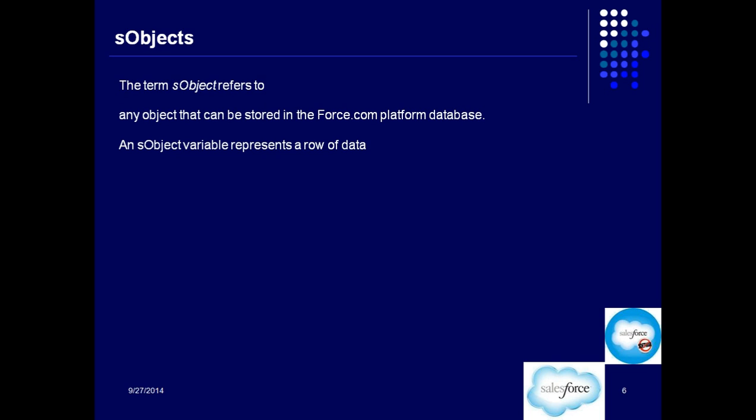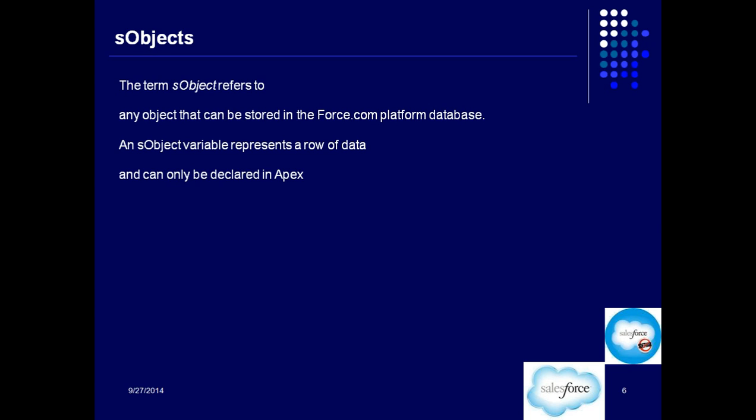An S-object variable represents a row of data and can only be declared in Apex. So an S-object variable basically represents a row of data on any object, and this is something which can be declared only in Apex. It cannot be declared anywhere else. So you do not have S-object in other programming languages.